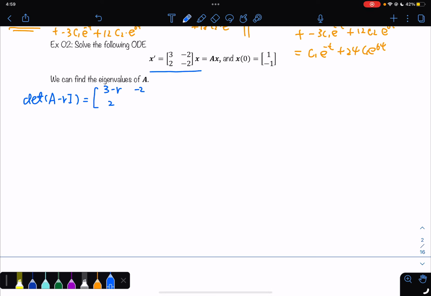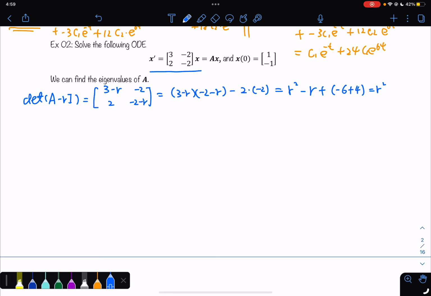I'm looking for my R. Therefore, the determinant is (3 minus R)(negative 2 minus R) minus 2 times negative 2. You can either carry out this calculation, or use the characteristic equation memorized directly, which is going to be R squared minus (3 plus negative 2), which is minus 1 times R, and then plus 3 times negative 2, which is negative 6, minus 2 times negative 2, which is positive 4.